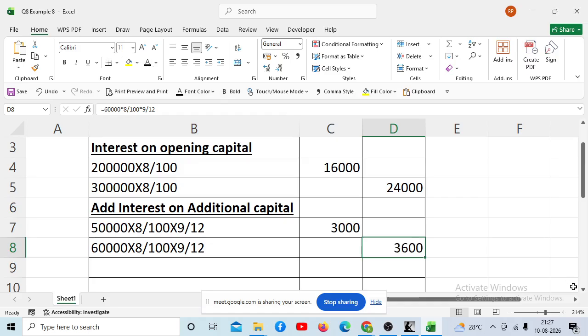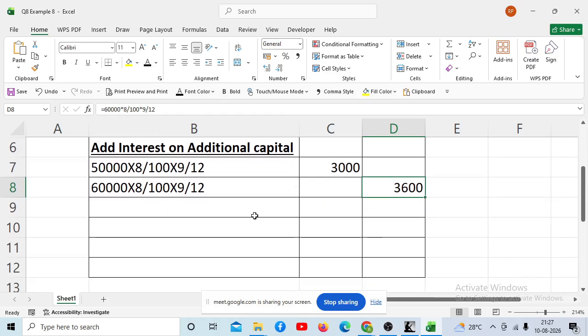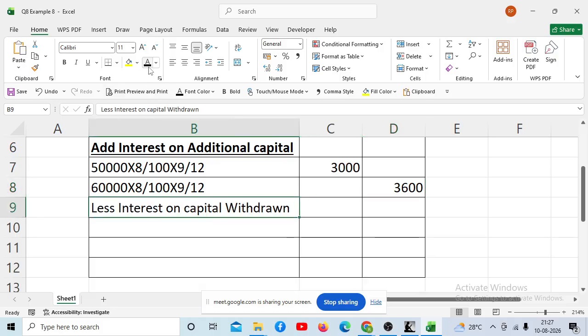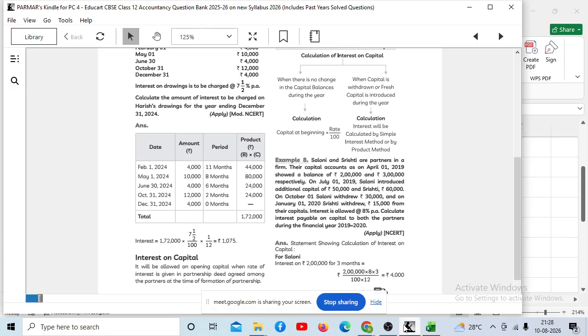3,600. Okay. Now, whatever money they had withdrawn, that interest is to be subtracted, right? So right here, give the heading as less interest on capital withdrawn. Now let us check in the question.